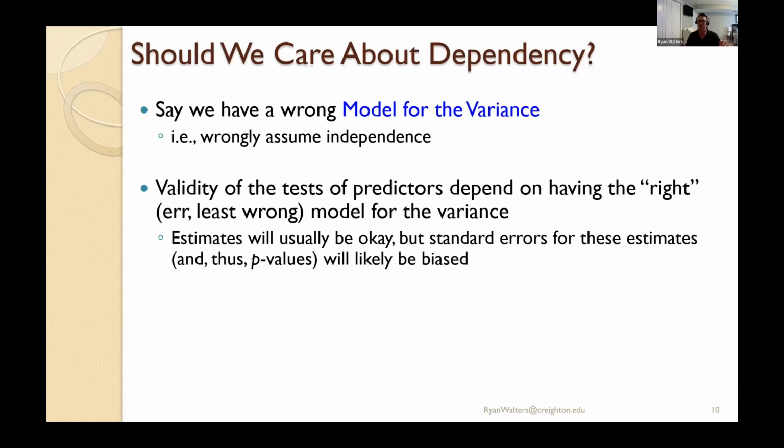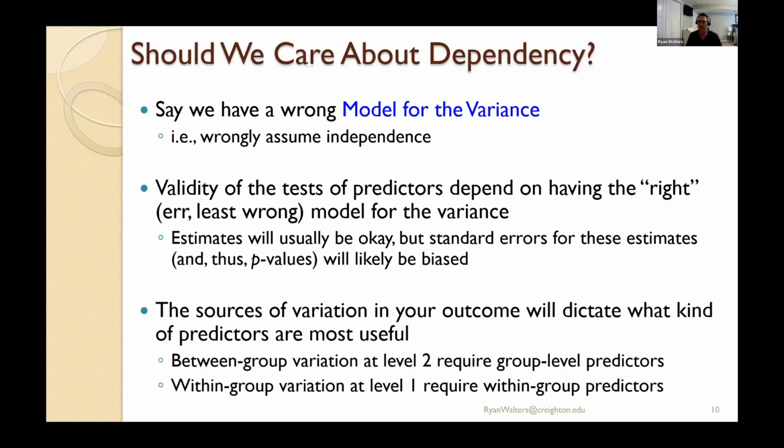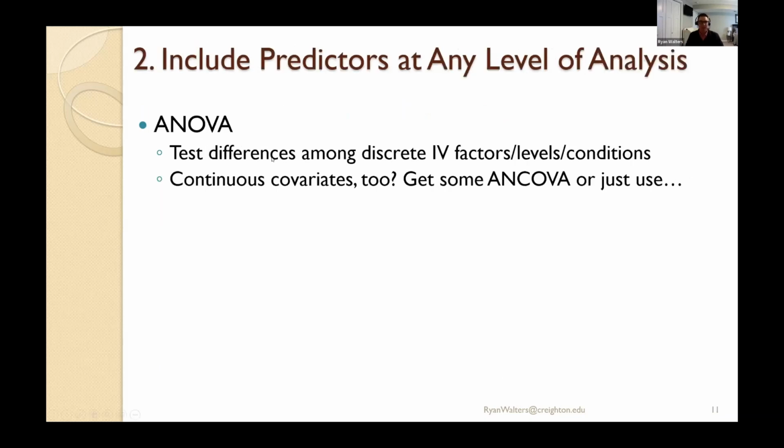And if your p-values are wrong, undoubtedly, you're going to have bias in your inference. Something is statistically significant or not. That's going to be a problem. You really need to worry about whether you have the correct model for the variance. And with nested data, it means you have to have level 1 residual variance accompanied with level 2 random effect variances. You can include predictors at any level of analysis.